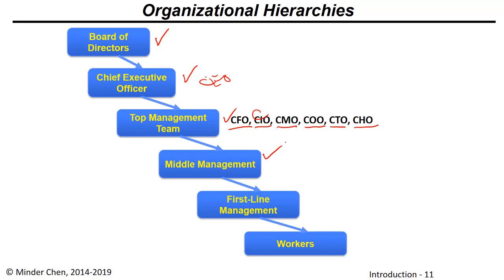And also, there are middle level managers, the first line managers, and the workers at the operational level. Particularly for first line management, sometimes we can divide it into front stage employees and backstage employees.